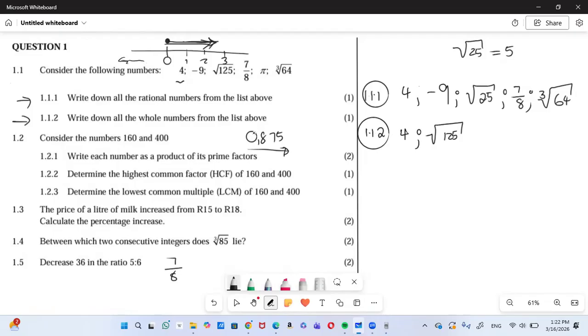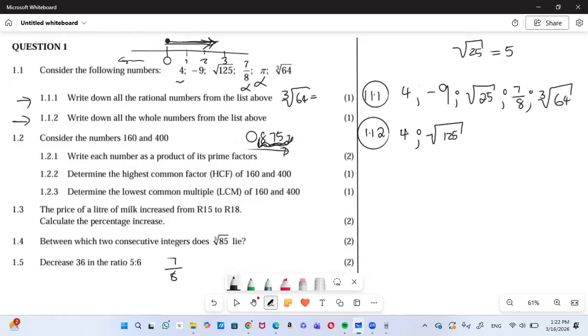It is not a whole number because it has decimal numbers. So if ever you have any decimal numbers, we cannot call that number a whole number, nor can we call it a natural number or an integer. These numbers should not have a decimal place, okay? Meaning this one is also out. And then the last one here, the cube root of 64, remember?